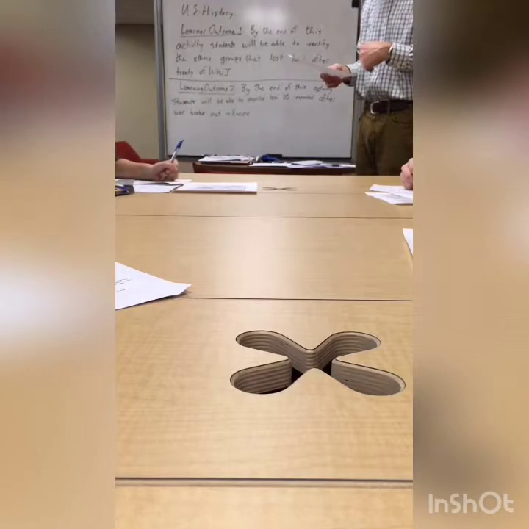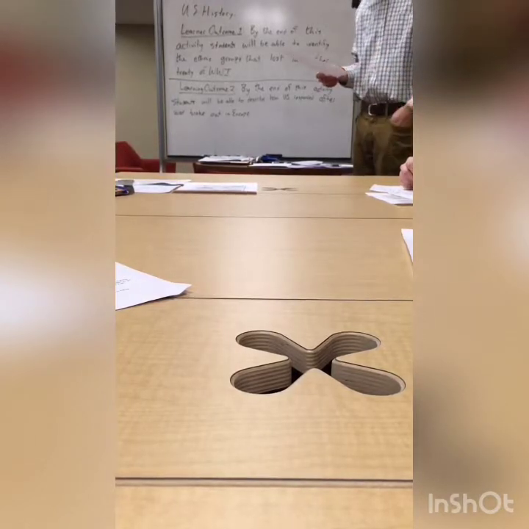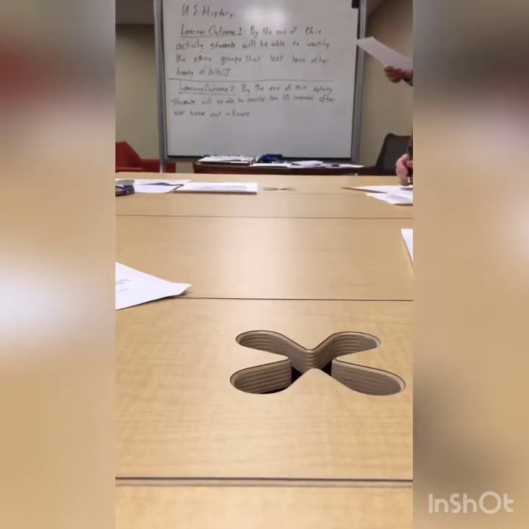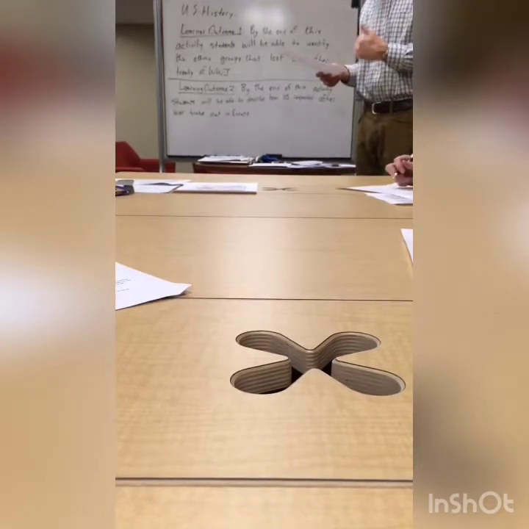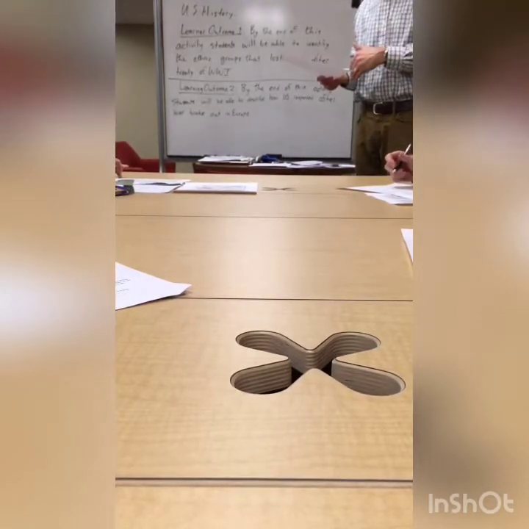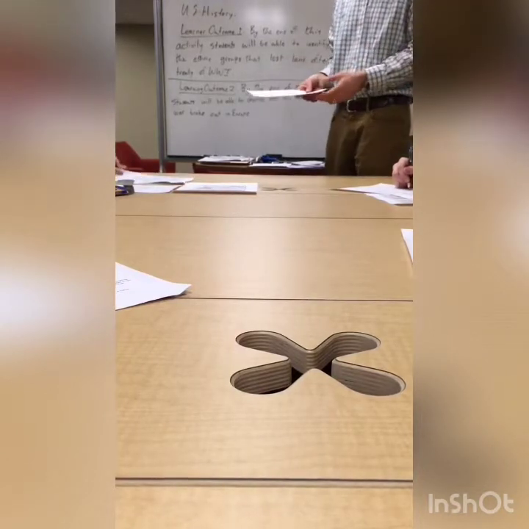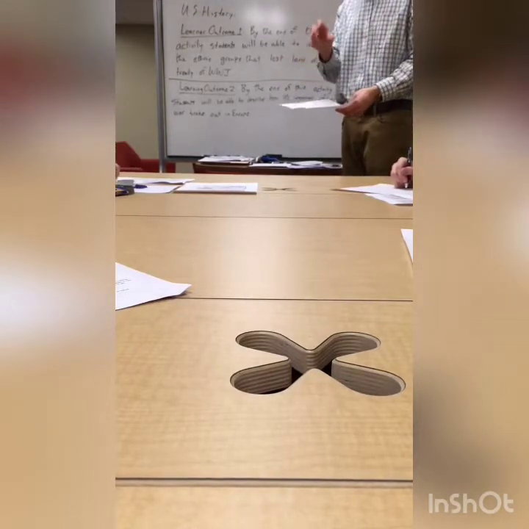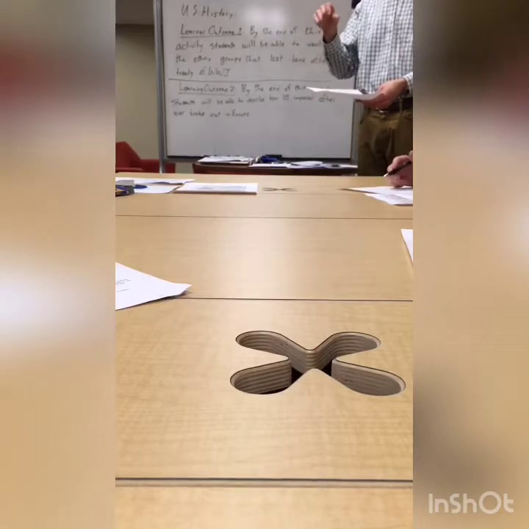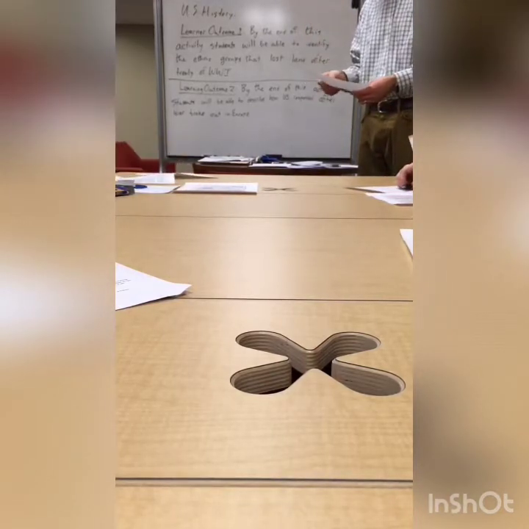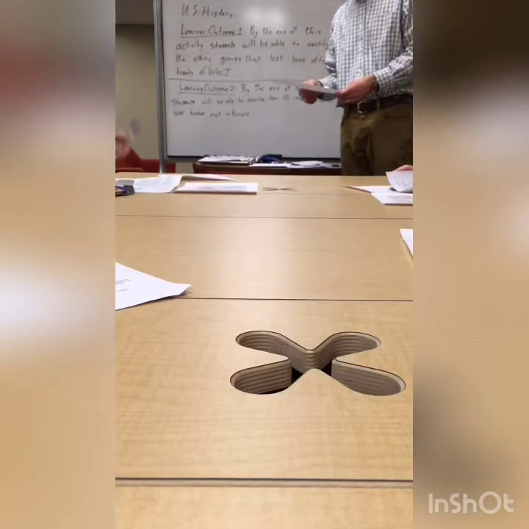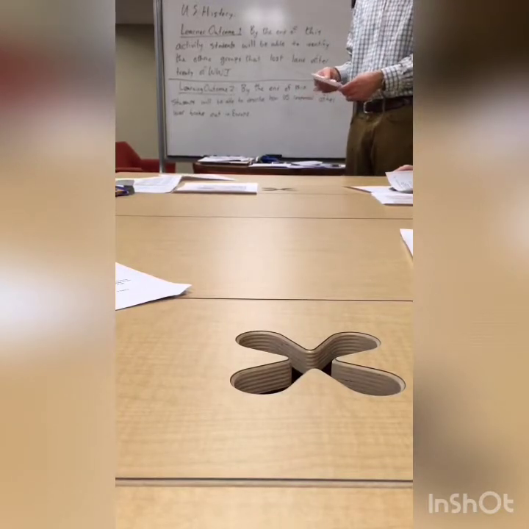So let's go down to value. Find a quote from the document that answers this question: What was going on in history at the time the piece was created, and how does this piece accurately reflect it? Now, this is a challenge because you don't have a lot of time to read it, but there are several different quotes in there that would give good context. If anyone can find one real quick.